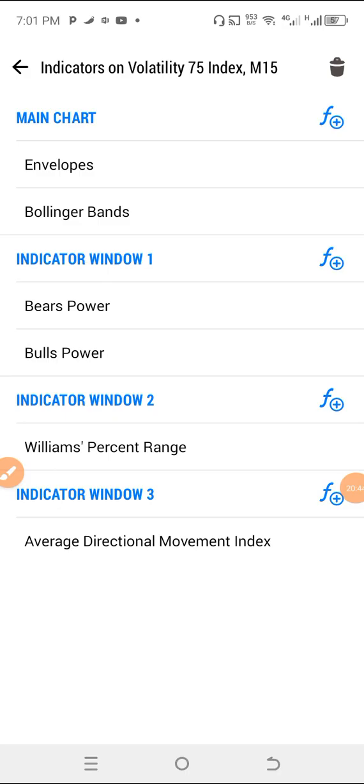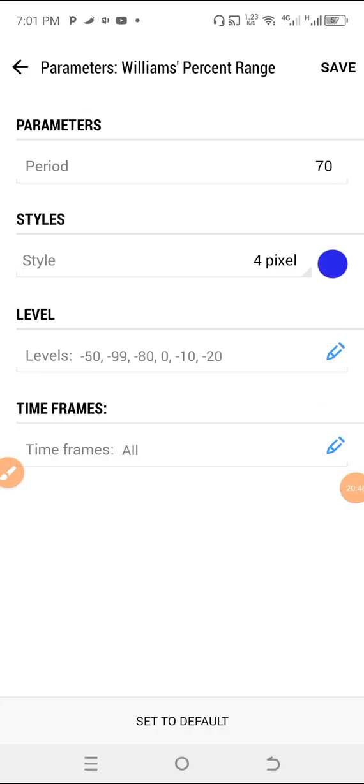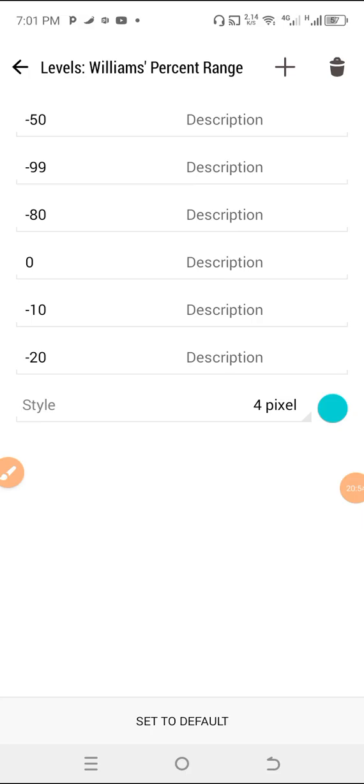In the Williams range, I'm using period 70, right? Then use any style, any color. Now here comes the levels, -50, -99, -88. This -99 shows when price has dropped drastically. This is like saying price has oversold, right?